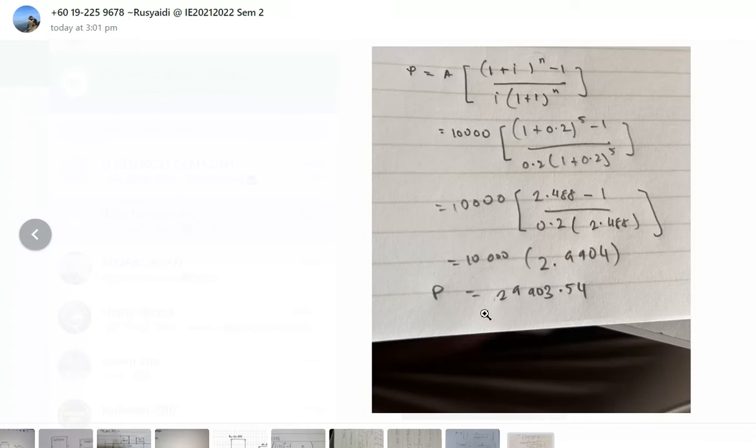And yours is 29,903. Dia tak faham berapa dia buat ni. So you missing almost 60,000. Dia tunjuk je cara dia buat. Betul kita boleh faham. So you missing almost 60,000.